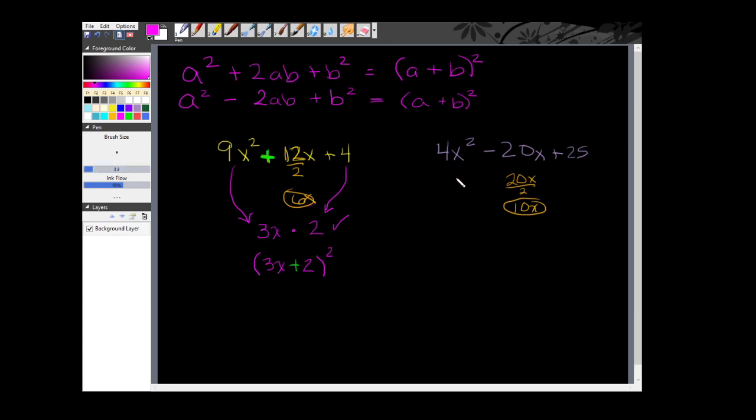And then now we take the square root of the first term. That's 2x. And the square root of the second term, and that's 5. So is 2x times 5 equal to 10x? Yes, it is. So we take our parentheses, put both terms in the parentheses squared, and then we take this first sign and we drop it down.